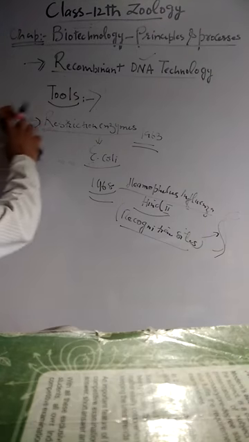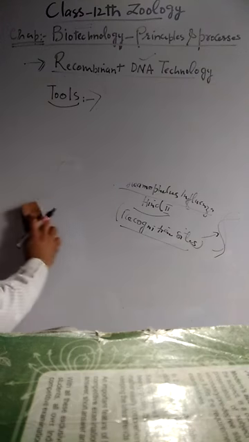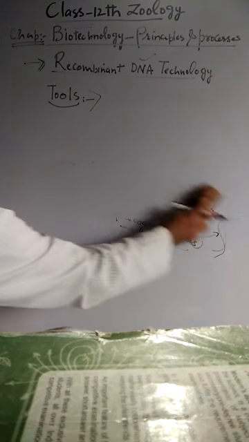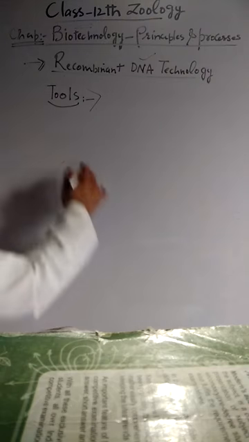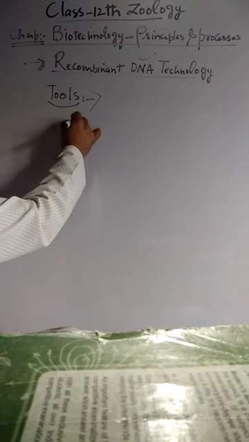Restriction enzymes belong to a larger class of enzymes called nucleases. They are of two types, exonucleases and endonucleases.